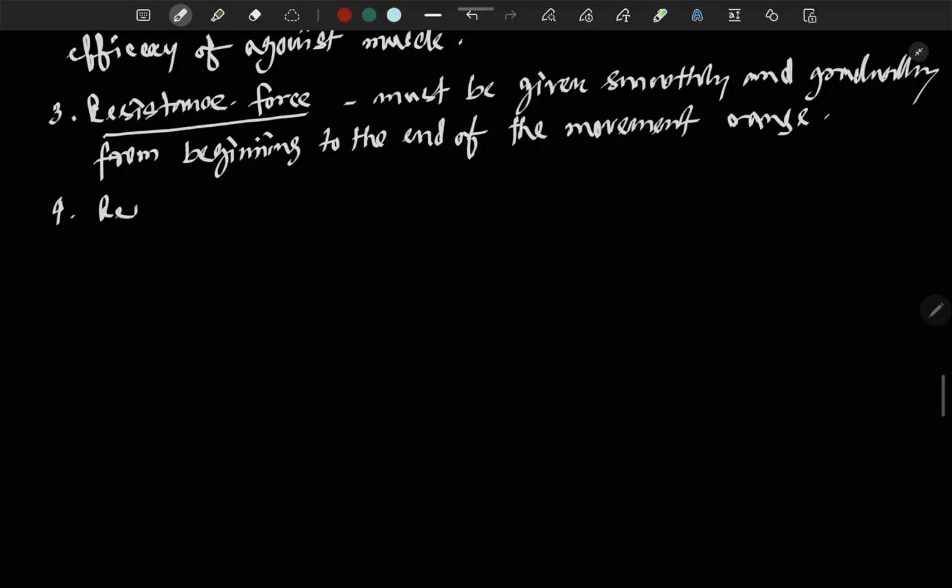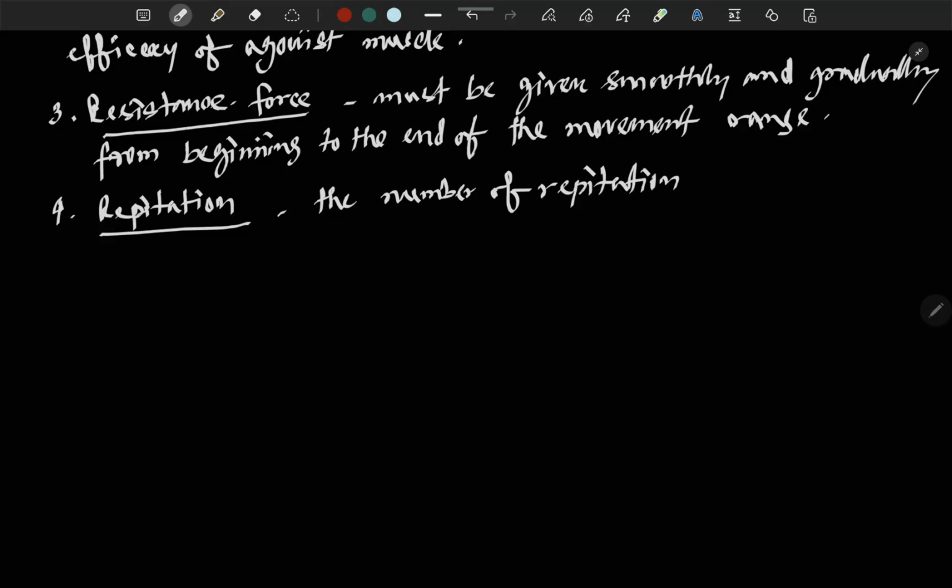Number 4 is repetition. The number of repetition depends on the aim of the exercise.